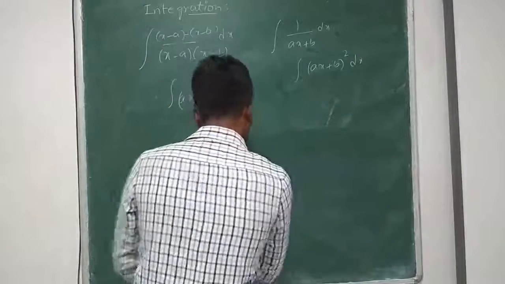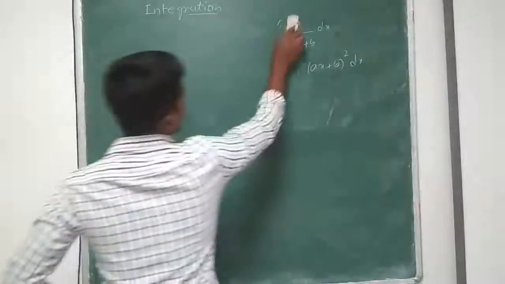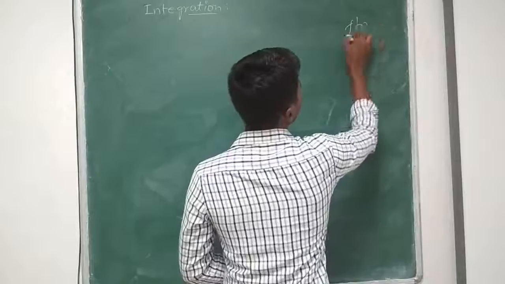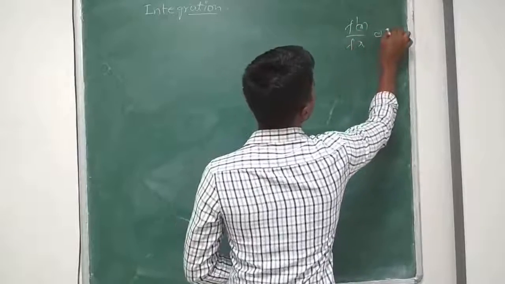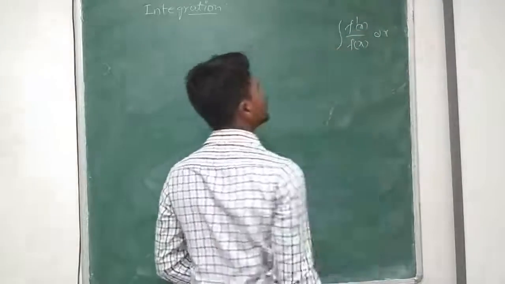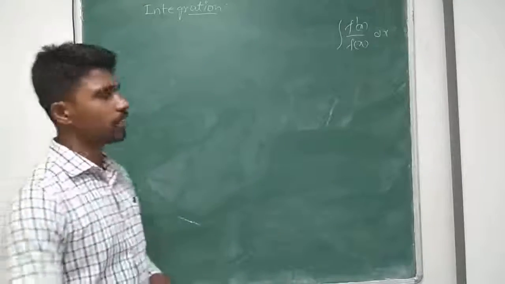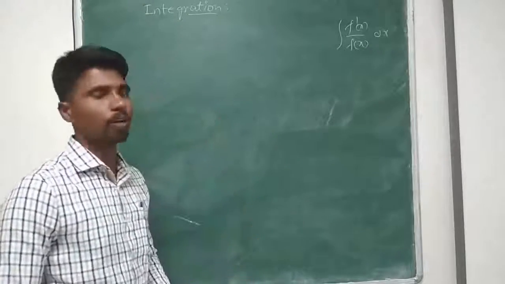It's a very easy process. We just have to convert the problems in the form integral f dash of x by f of x dx. To convert in this particular form, what do we follow?